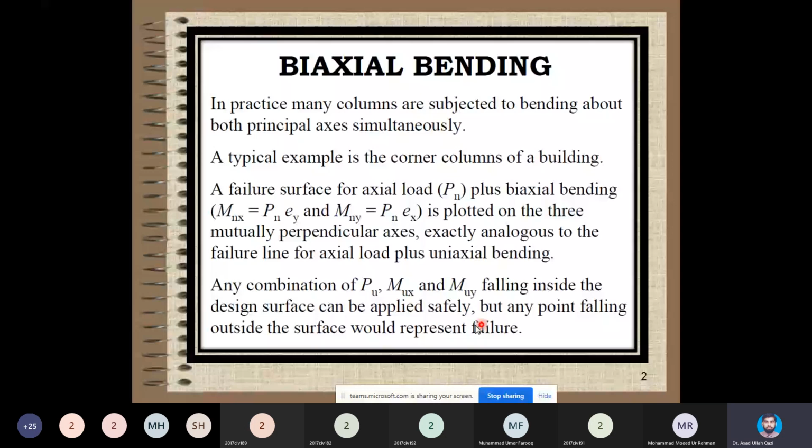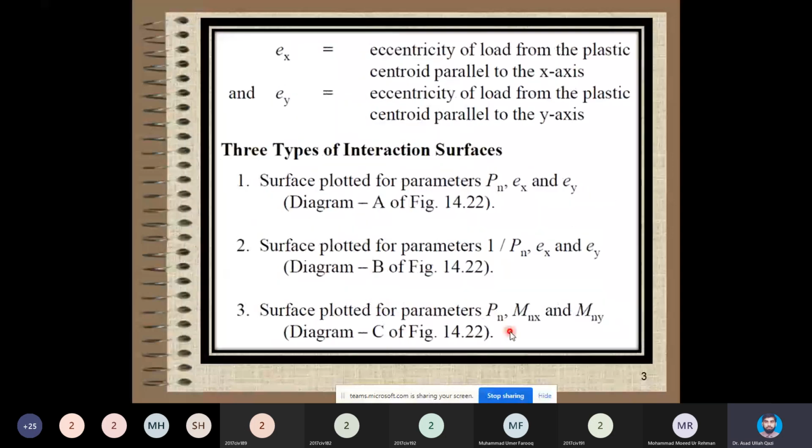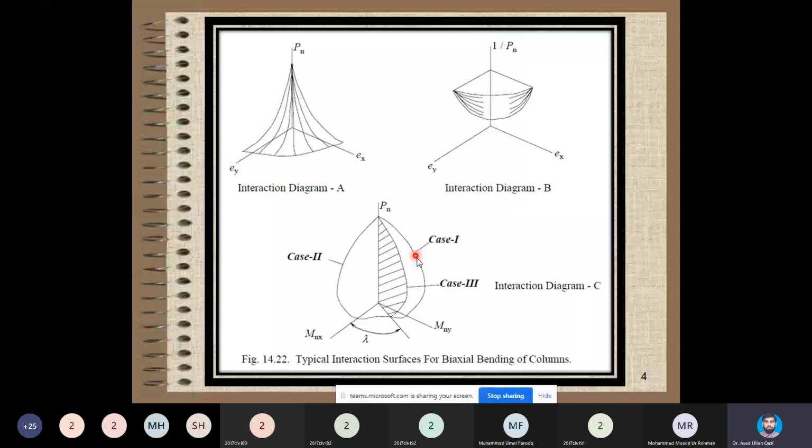So the concept is the same: all the combinations of P, Mx and My which fall inside the surface or on the surface will represent safe capacity, like we have seen in uniaxial bending.